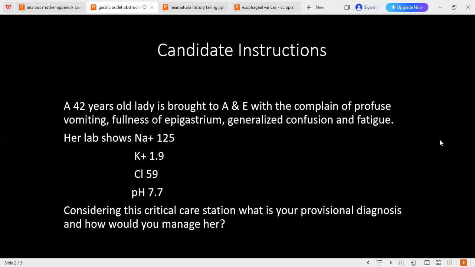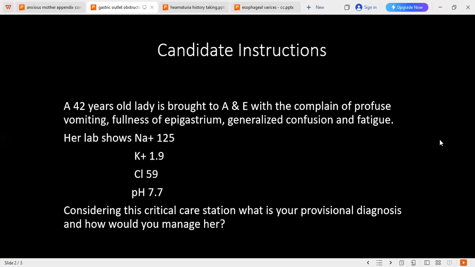So what is the pathophysiology behind this situation? The pathophysiology is because of the vomiting. The patient expels sodium and chloride from the gastric contents through vomiting, and because of that, the patient has hypochloremia.